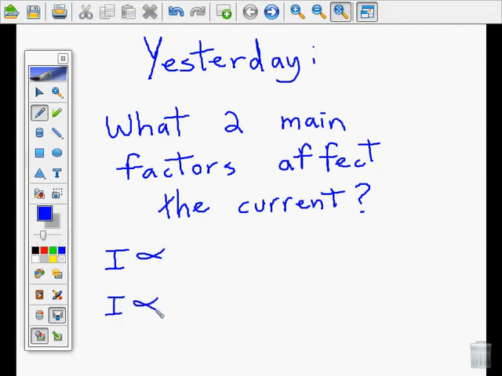What was it directly proportional to? Claire? Voltage. And what was it inversely proportional to? Swathi? 1 over R. Resistance. And if you put those two together, you get the formula for Ohm's law, which is I equals V over R.